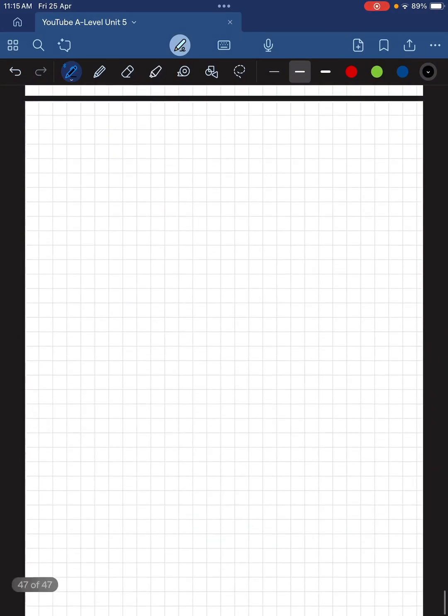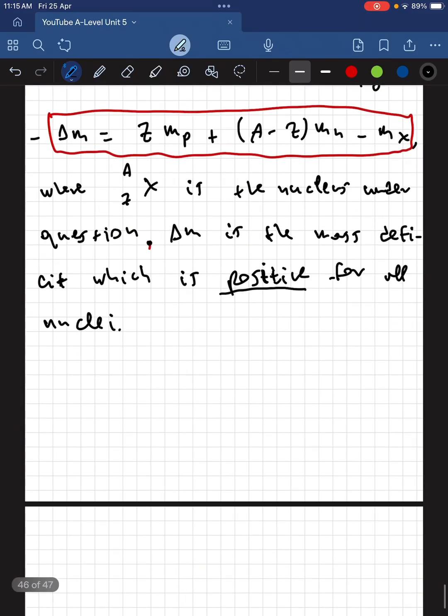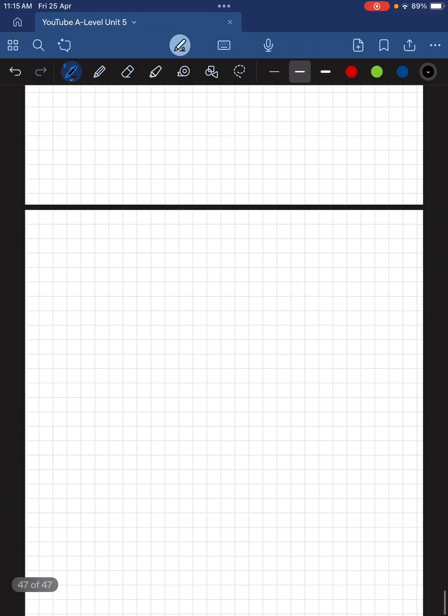Now, remember when we talked about particles, we said that any amount of mass is equivalent to some amount of energy due to Einstein's relationship, yes, that guy again. So recall that delta E is delta M times C squared.